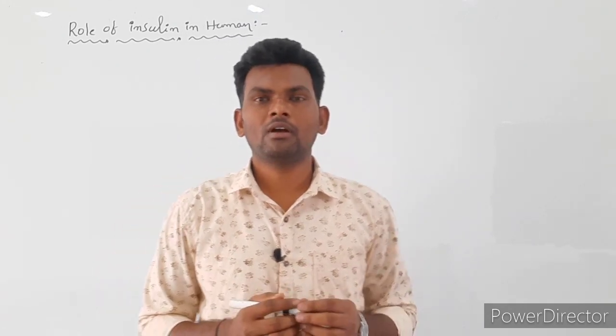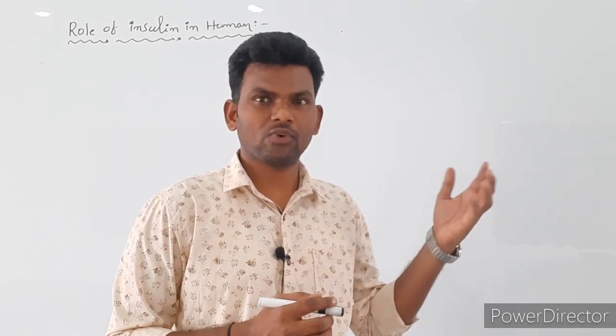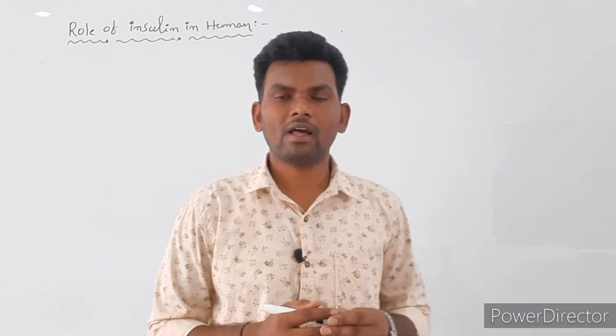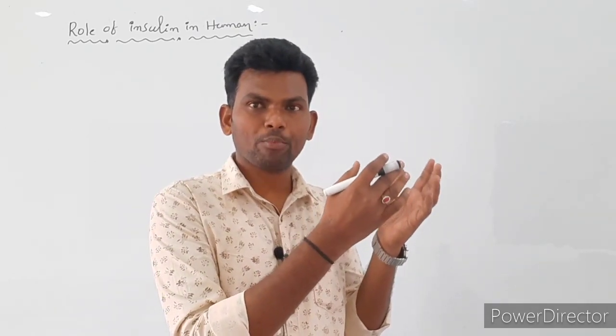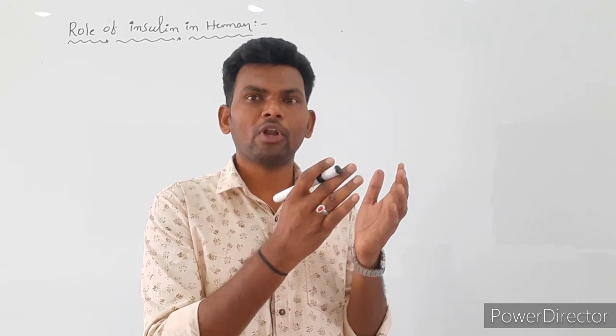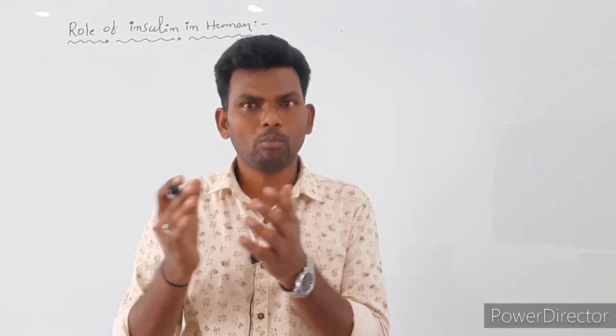Next, what is the role of insulin in the human? Simple. When you are having meals like wheat, rice, dal, whatever it may be, what happens? If it is protein, it is a long polypeptide chain, which is broken into monomers, amino acids.